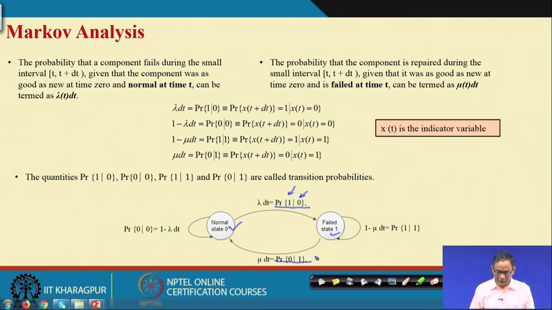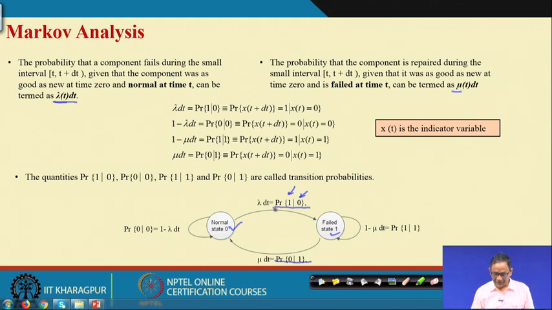So, essentially you know what lambda t is and also what mu t is. For a very small interval of time delta t, lambda t dt is nothing but the probability that the component fails during a small interval t and t plus delta t.